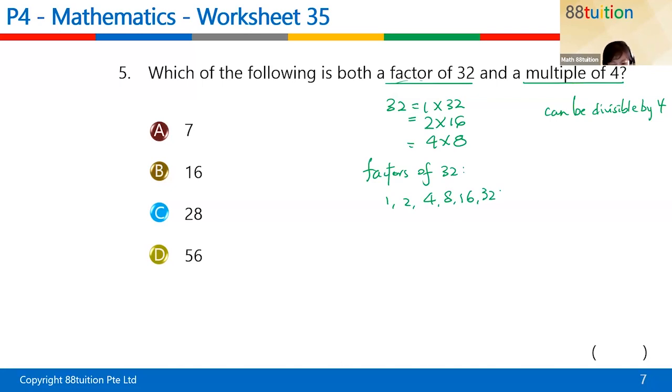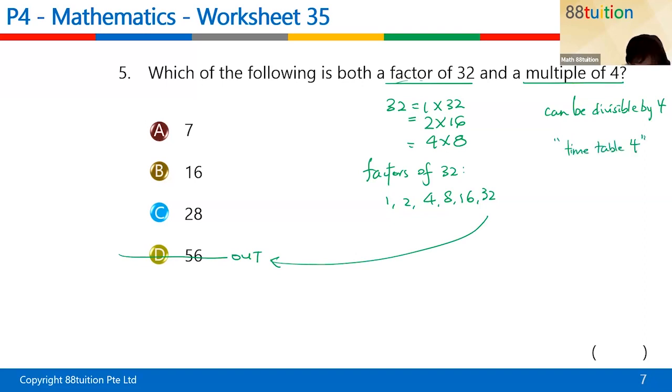All right. So at one look, you know that D is out. 56 is out, because it must be less than or equal to 32. Right? So which of the following is a multiple of 4? So meaning the times table of 4. This is out. 7 is not in the 4 times table.